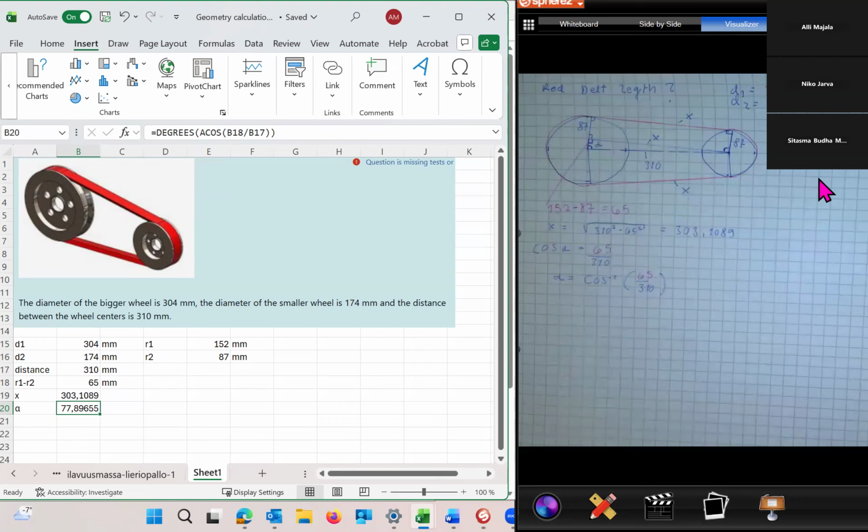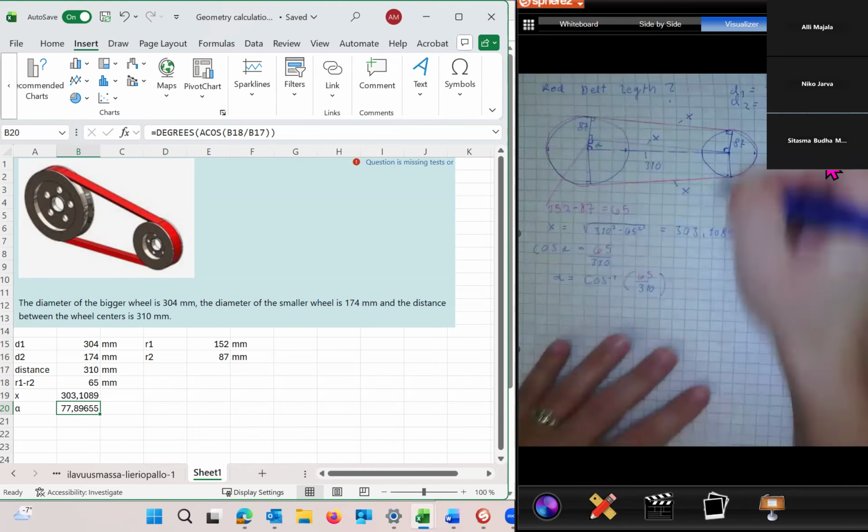Okay, now I know the alpha here. So then this here is also the alpha. So I know that this angle here is 2 times the alpha, yes? And also this angle here is 2 times the alpha.